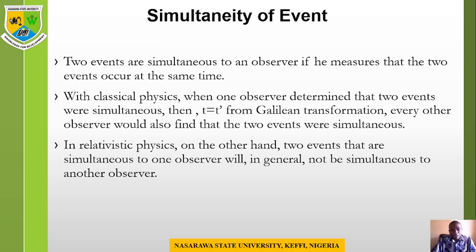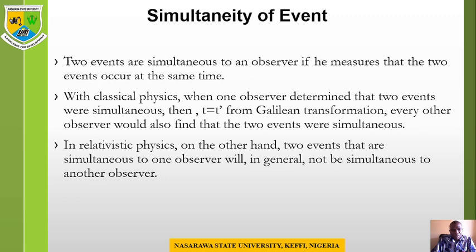With classical physics, when one observer determines that two events were simultaneous, then t equals t prime. From the Galilean transformation, every other observer would also find that the two events were simultaneous. That is what we learned from the Galilean transformation, from the classical perspective.